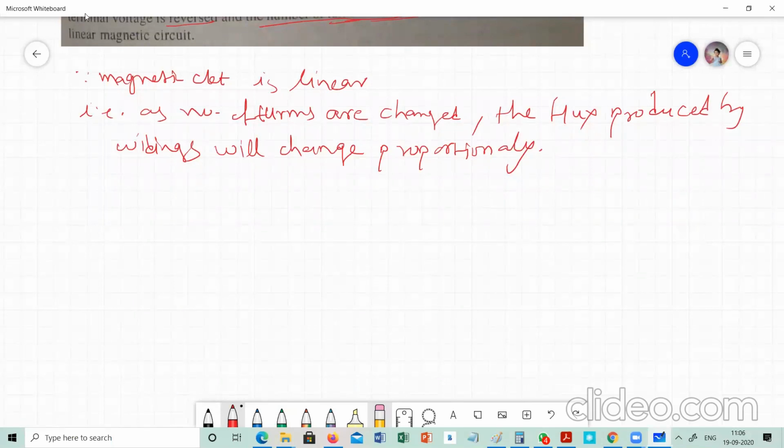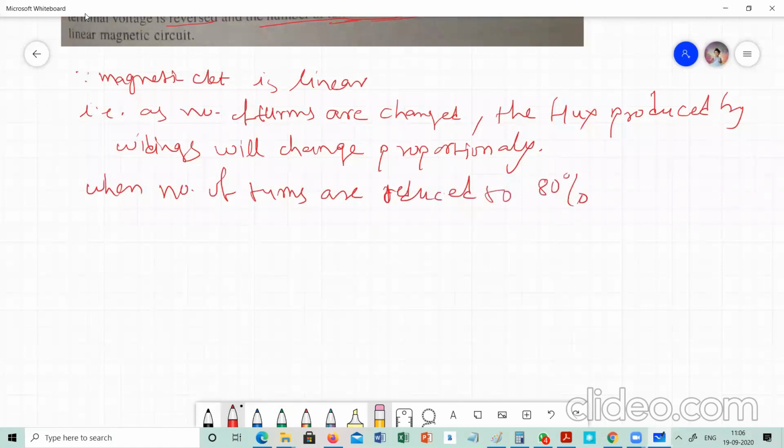Okay. Means what? When number of turns are reduced to 80%, then the value of flux for the same field current, because the motor is the series motor, means what?